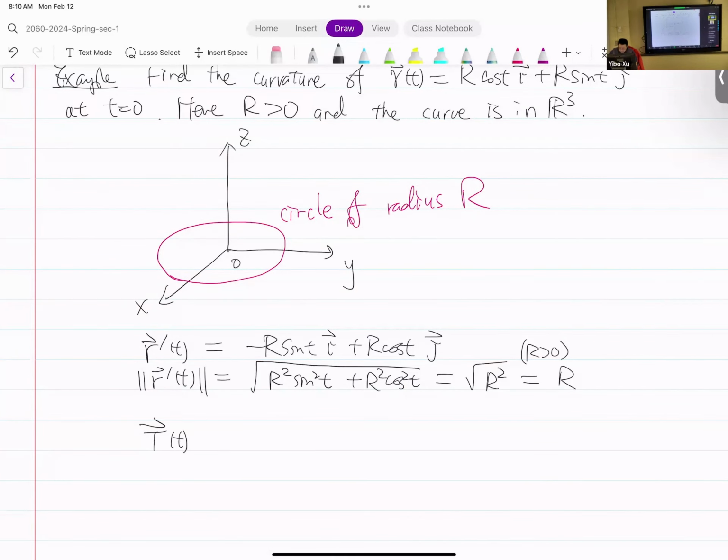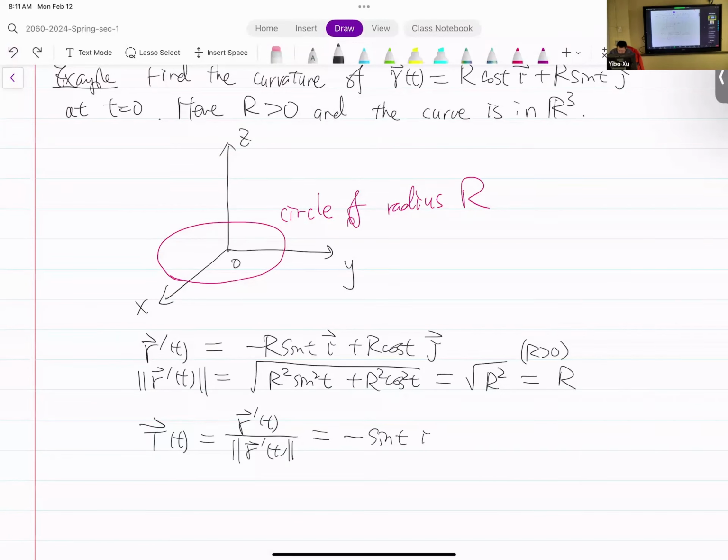So now we can just normalize. The unit tangent direction is going to be little r prime over its magnitude. So we're just dividing by R, and we get rid of R in little r prime.